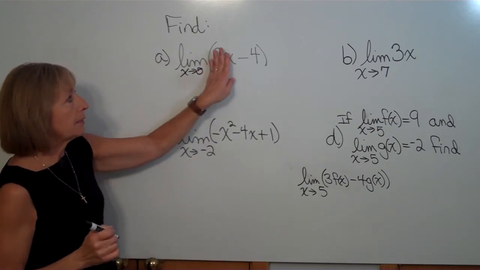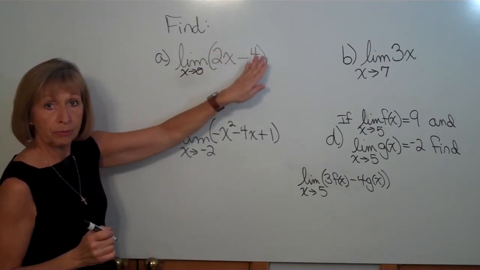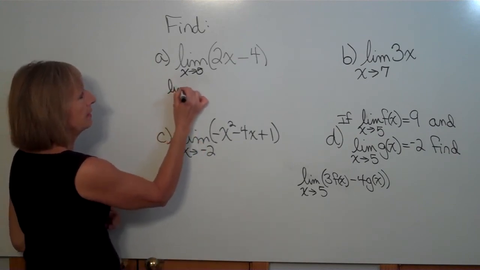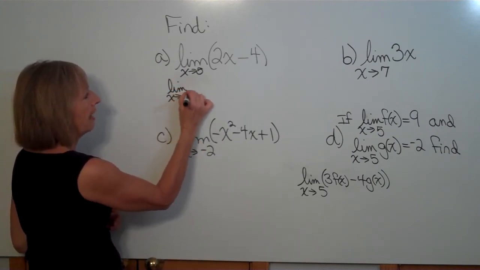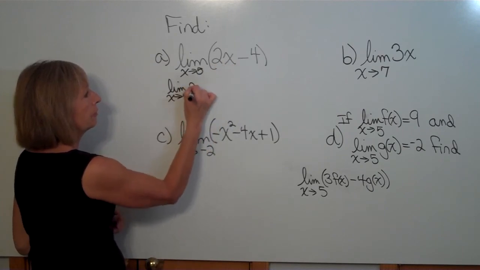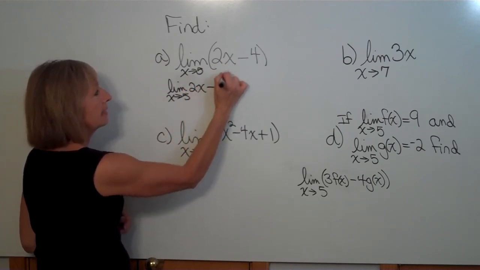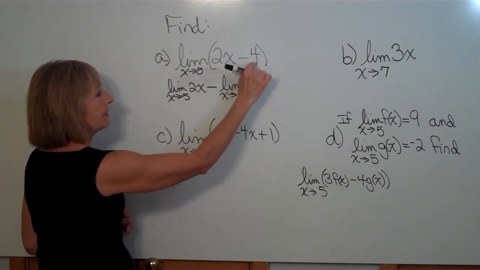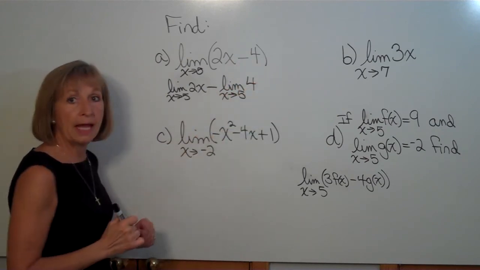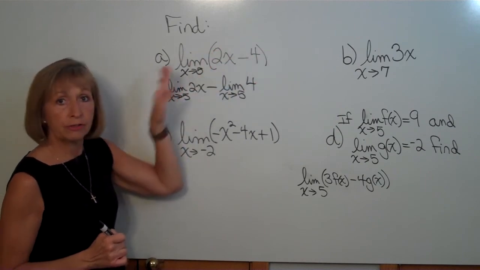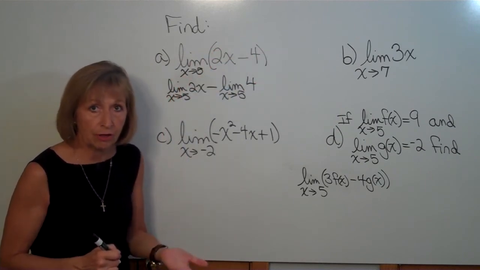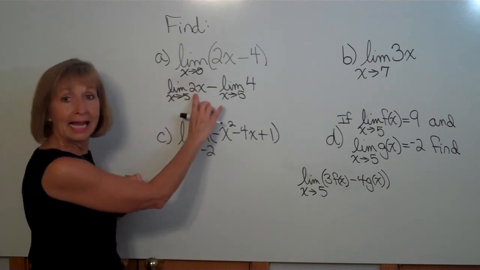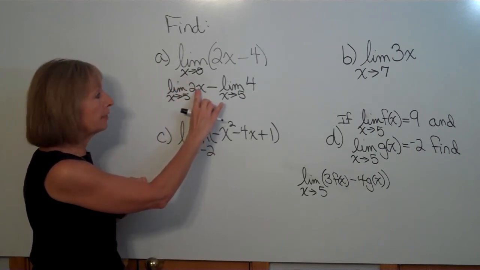The first one is the limit of two different terms. And I can break this up as the limit as x approaches 5 of the first term 2x minus the limit as x approaches 5 of the second term 4. So that's just the limit of a subtraction of two functions is the subtraction of the two limits. Now in the first term, I have 2 multiplied to my x.